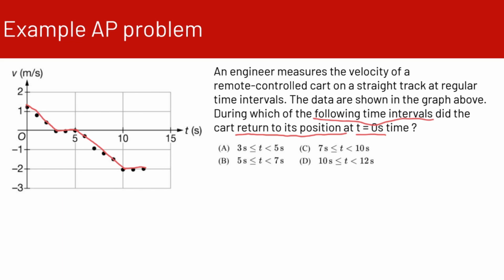So what we need to do is figure out how much area is displaced during this first section, and then we're going to figure out how far in the second section it goes to figure out what the second set of time is going to be.